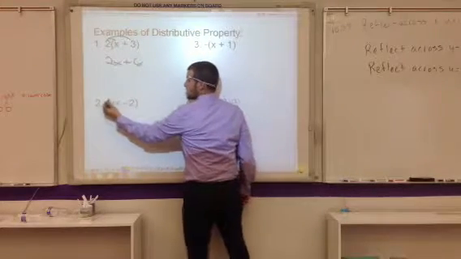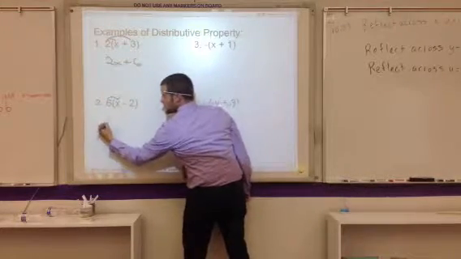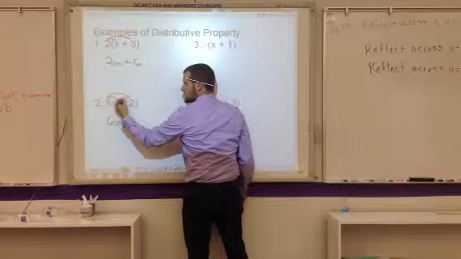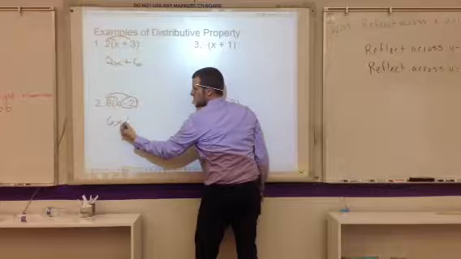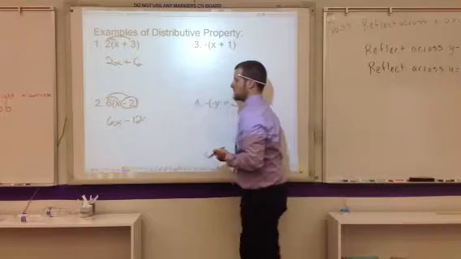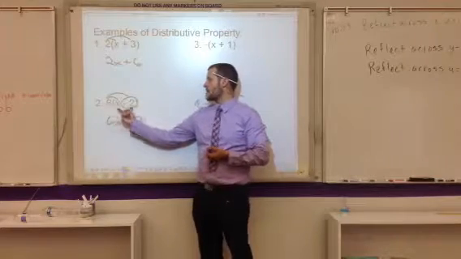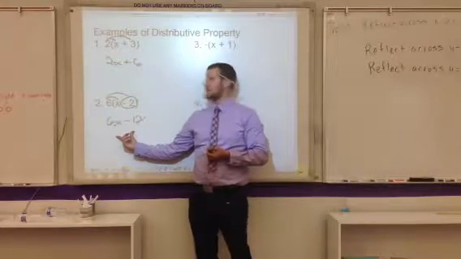So, 6 x's makes 6x, and 6 negative 2's makes for negative 12. Again, this is 6 entire orders, so I have to multiply both pieces.